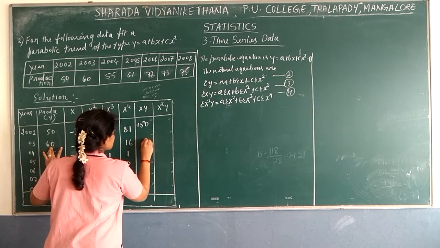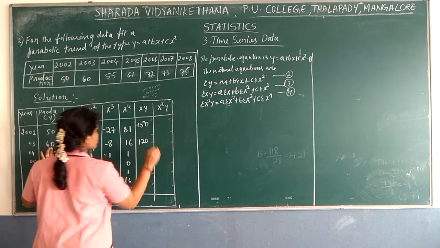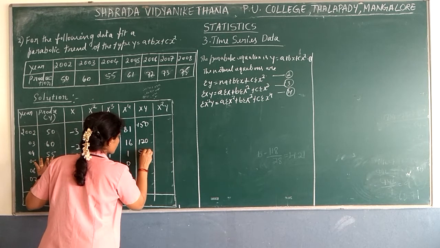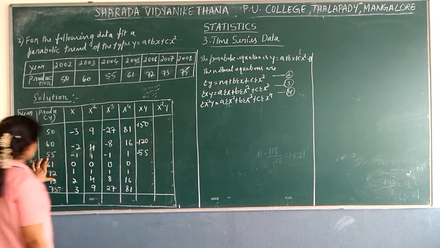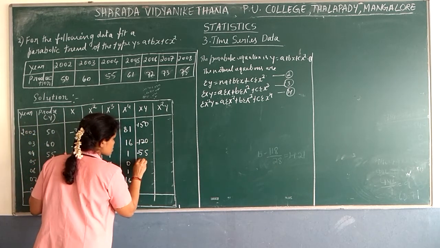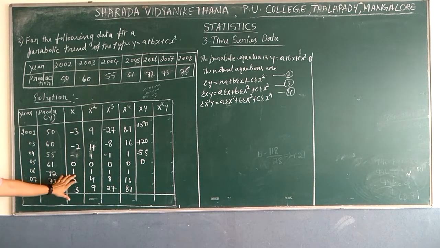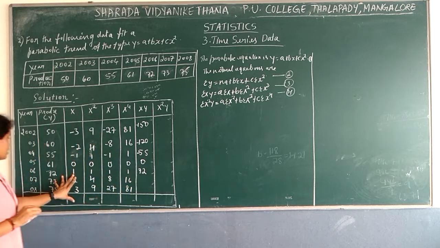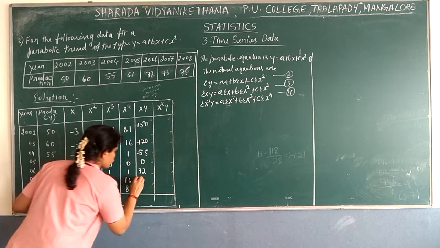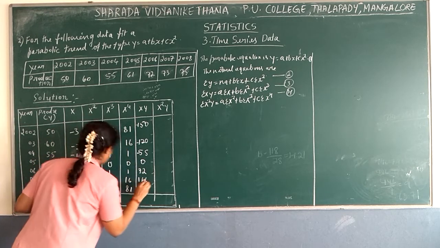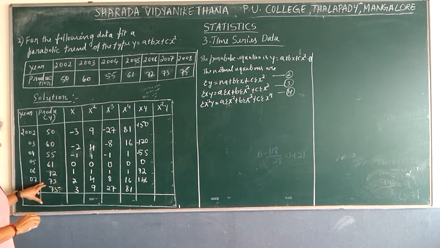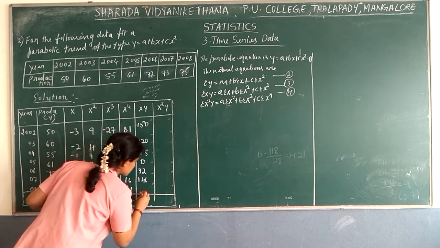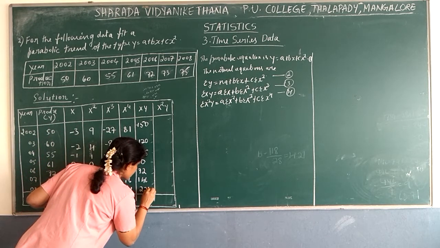Here we get 120, then 55, next one it is 0, next we get 72, next we get 146. Okay. Next, last one 75 into 3, that is 225.